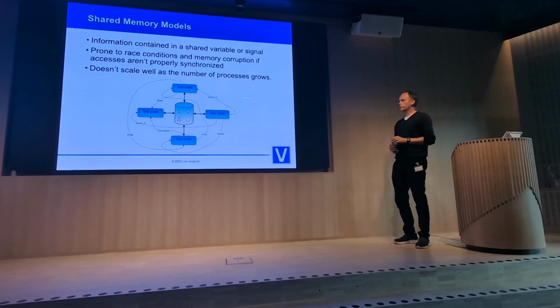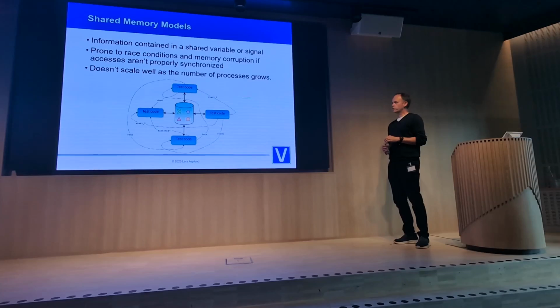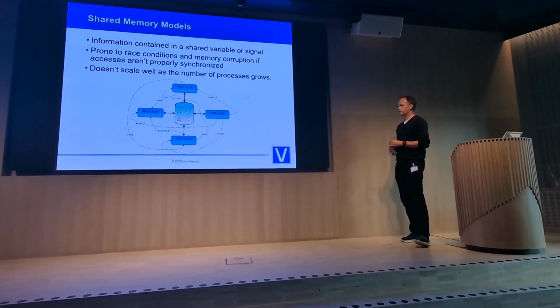So typically we add a lot of synchronization signals, like Boolean signals, and we call them start and stop and ready and lock and so on. It tends to become quite messy spaghetti code after some time. So this doesn't scale very well as the number of interfaces and the number of processes grows.